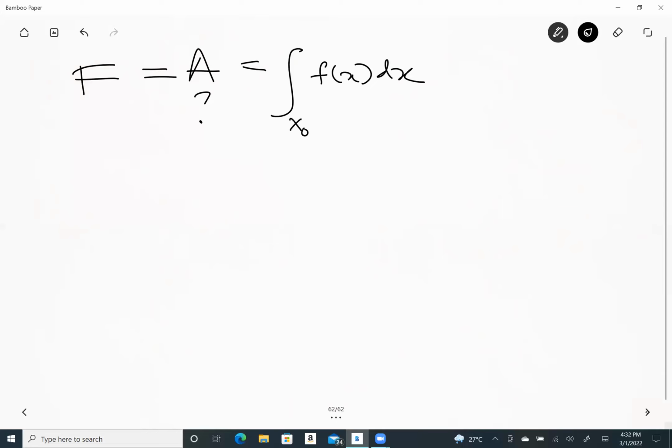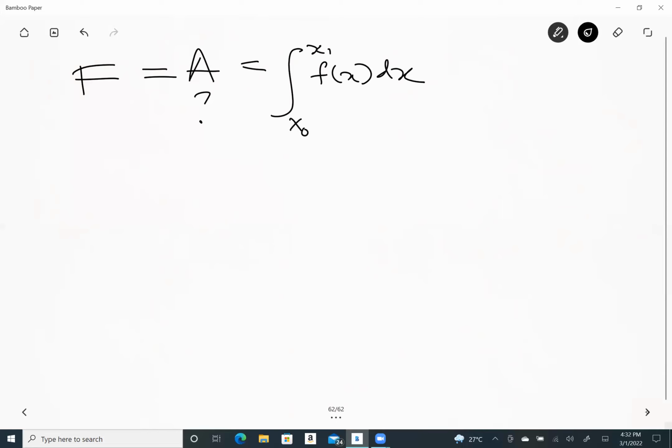You call it f, or you can call it a. That is the integral of f of x dx, from x0 to x1.